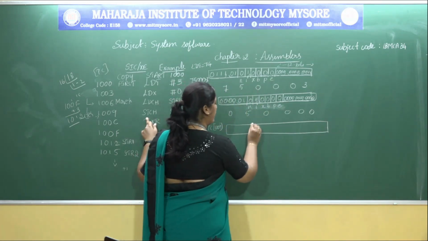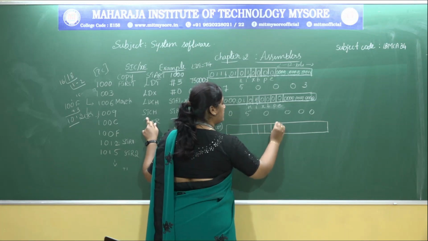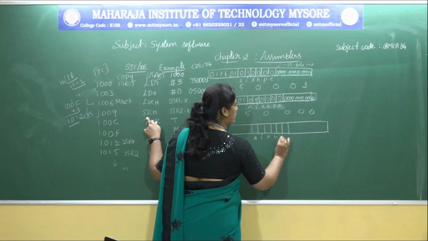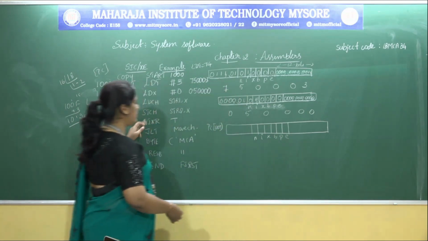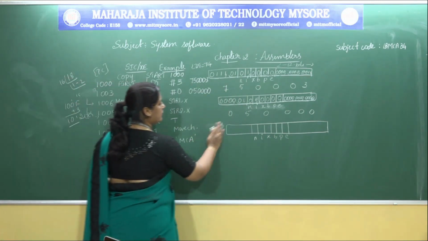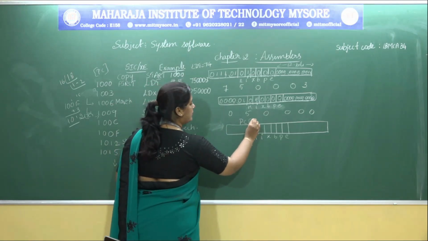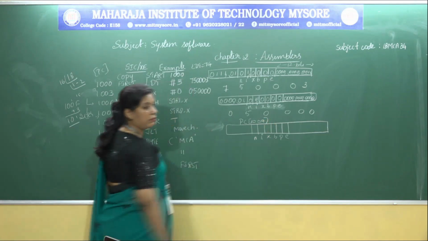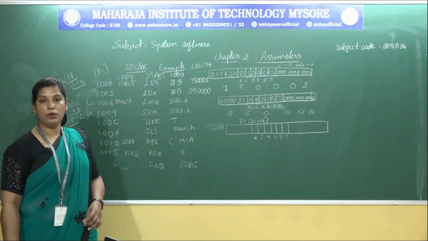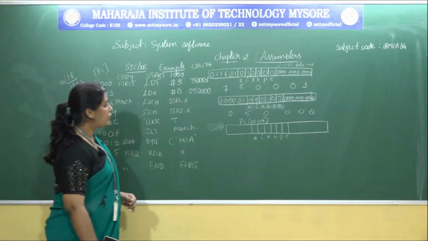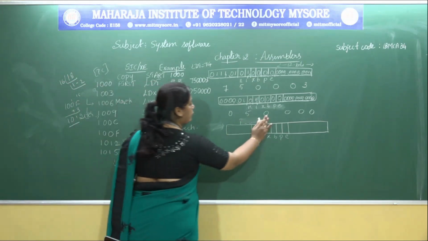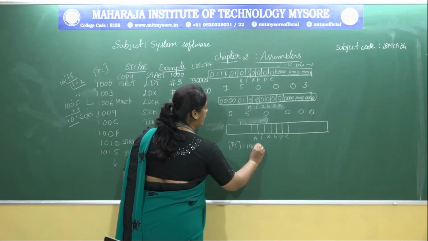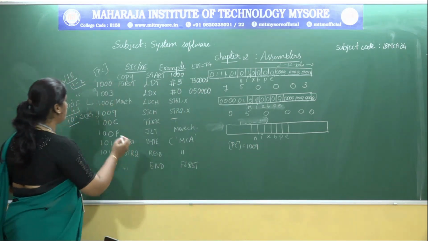Now we have to find out the displacement value here. So first we have to find the displacement value for this instruction. The program counter value is 1009. In which position is the instruction?